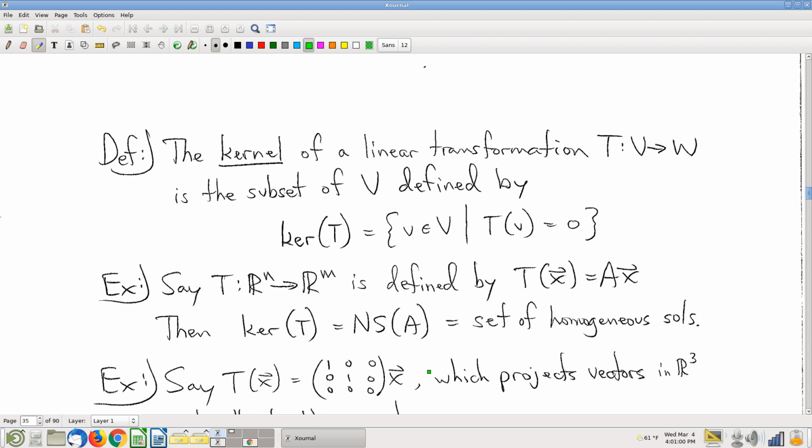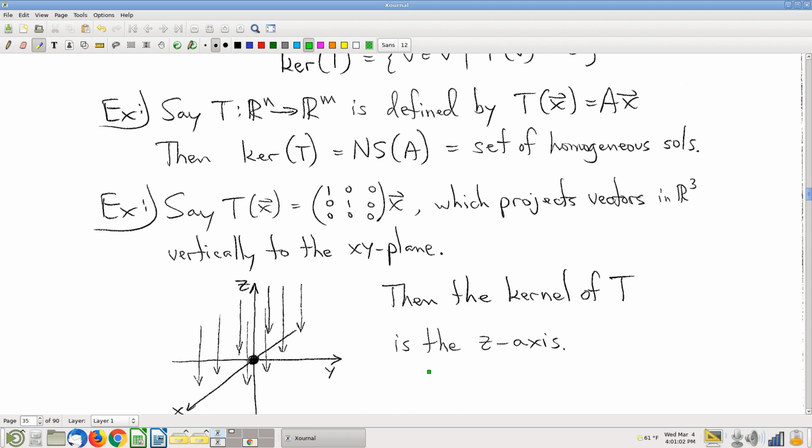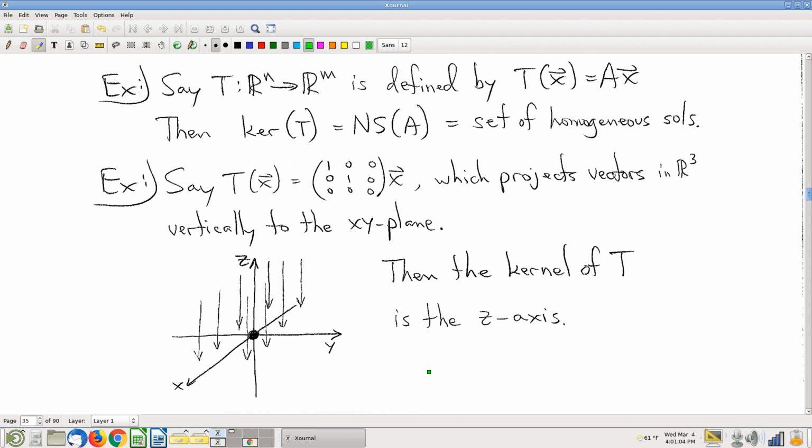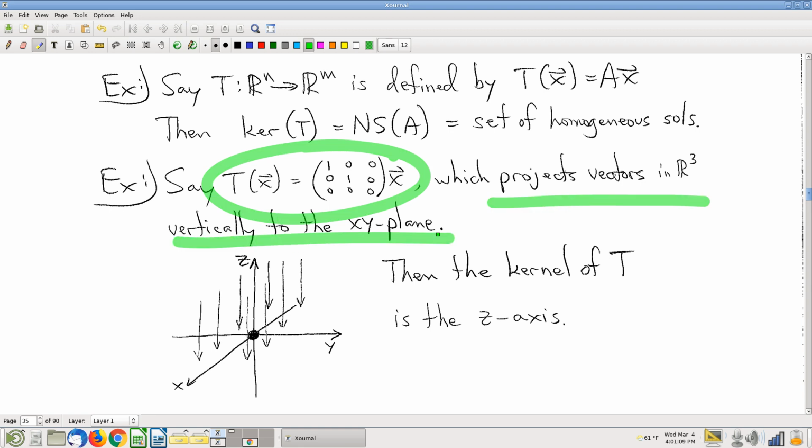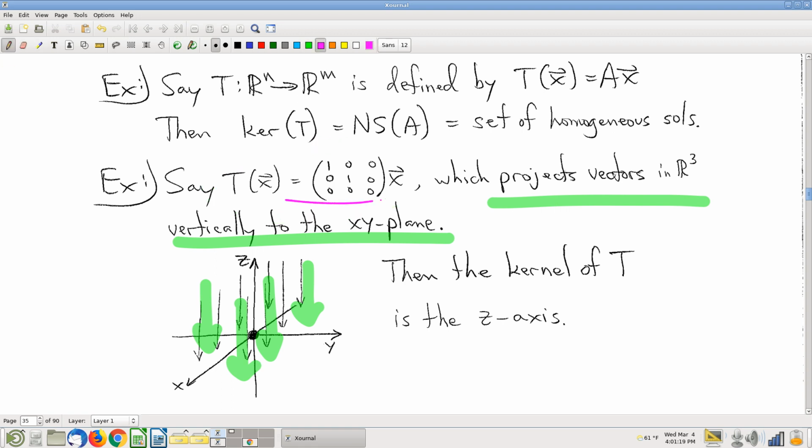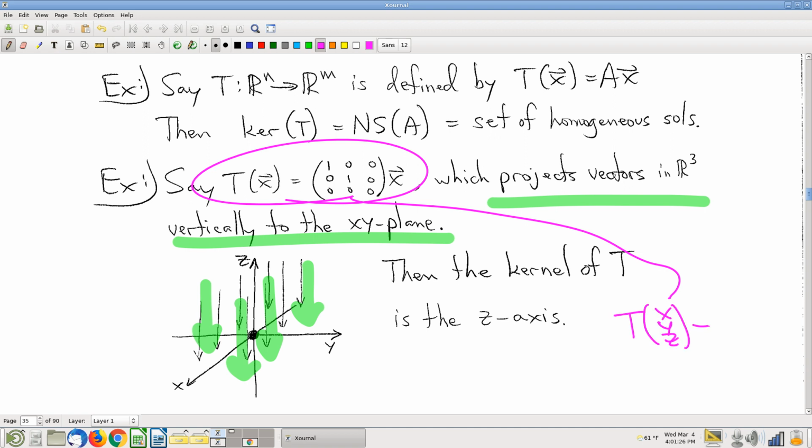Okay, so explicit example. Just get our hands dirty. Here is a linear transformation. I claim that this projects vectors to the xy plane, vertical projection, like this. Easy algebra to see why that is. This formula, I can just rewrite it as T of x, y, z equals, and now let's just multiply that out.